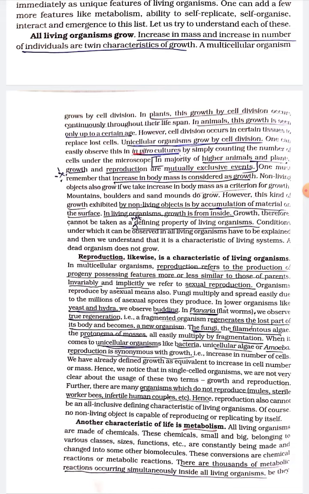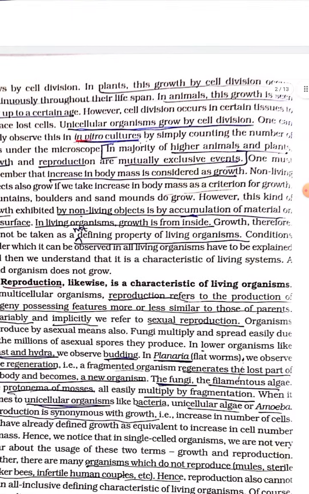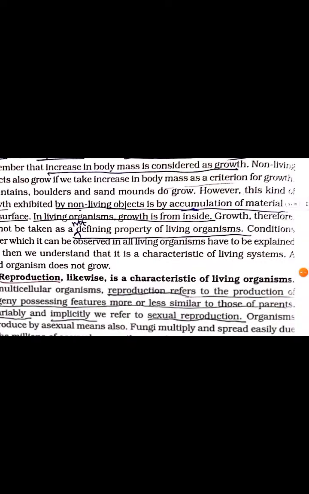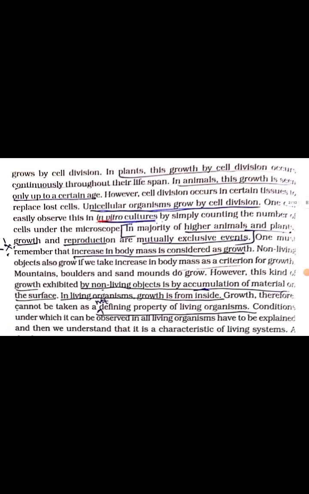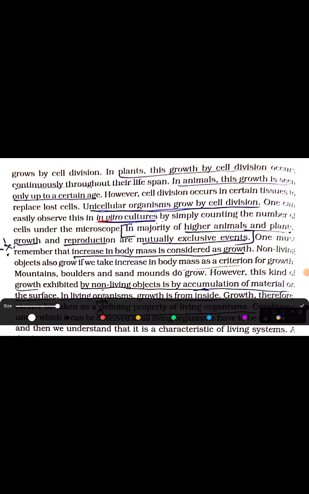In plants, the growth is by cell division, which everyone knows, and it is continuous throughout their lifespan. This is important.